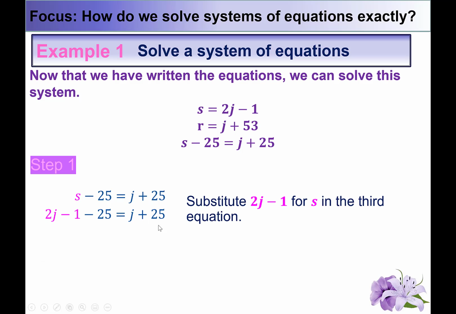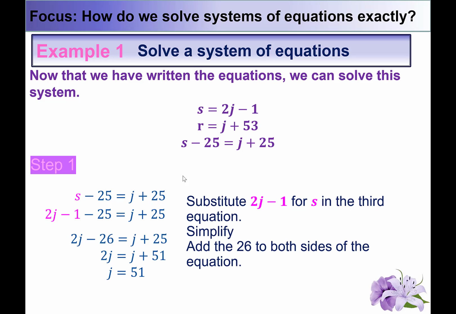Now my new equation only has the variable J, so I can solve it for J. We simplify by adding together -1 and -25. Then I'm going to add 26 to both sides of the equation and subtract J from both sides. So we now have figured out the number of CDs that Jason has. Jason started with 51 CDs.